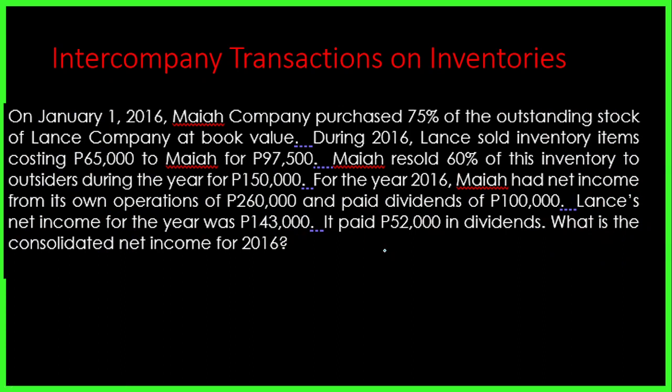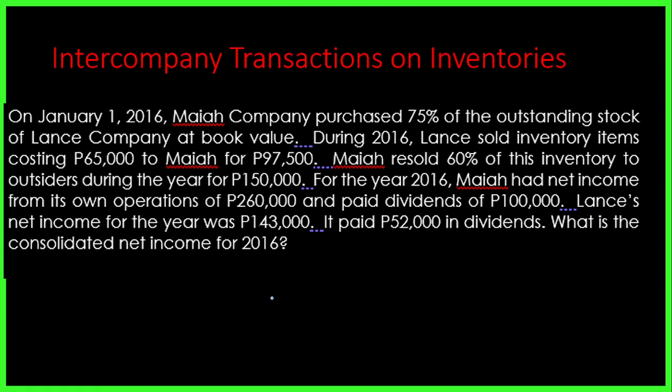So, in this problem, the question is, what is the consolidated net income for 2016? O di ang saya nito, no? Puro 100%. Kasi whether it's upstream or downstream, sa consolidated net income, nilalagay natin lahat at 100%. So, what do we need for consolidated net income?